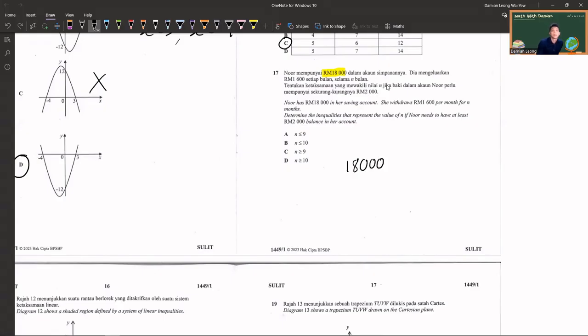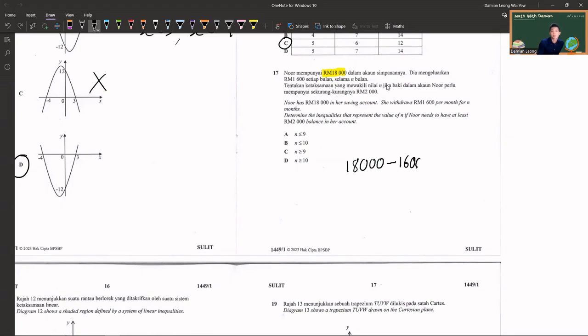Okay, then she withdraws 1,600. Dia mengeluarkan 1,600 ringgit setiap bulan. So kalau dia keluarkan wang itu, maknanya jumlah itu akan ditolak. Okay, it will be subtracted.